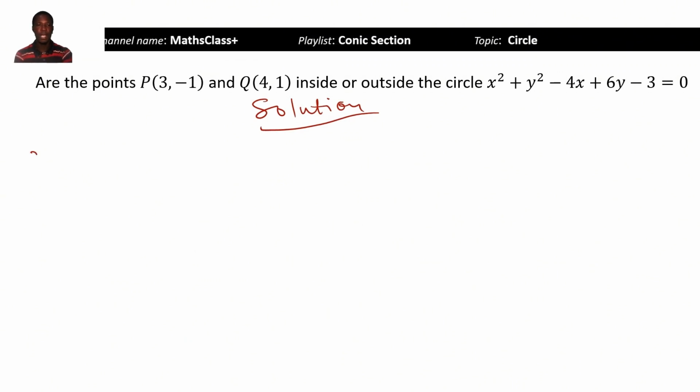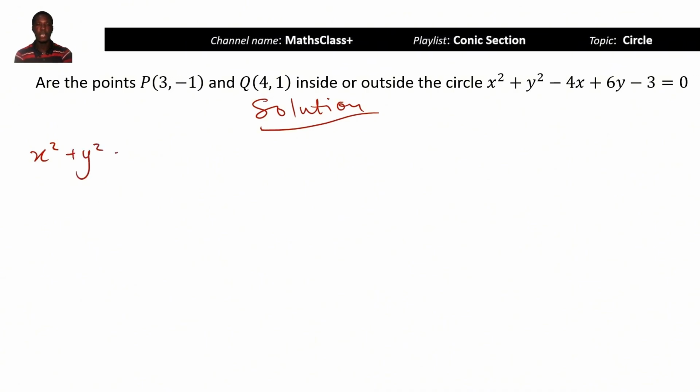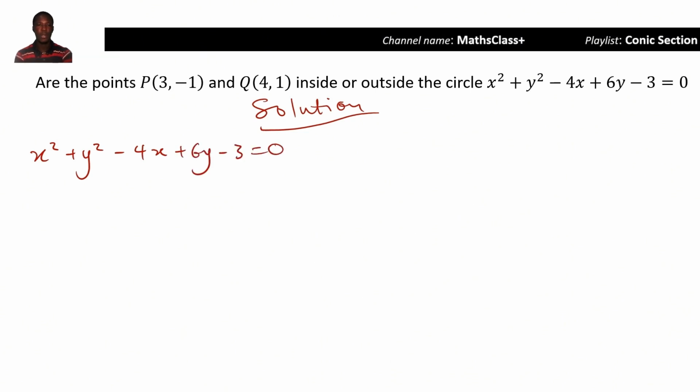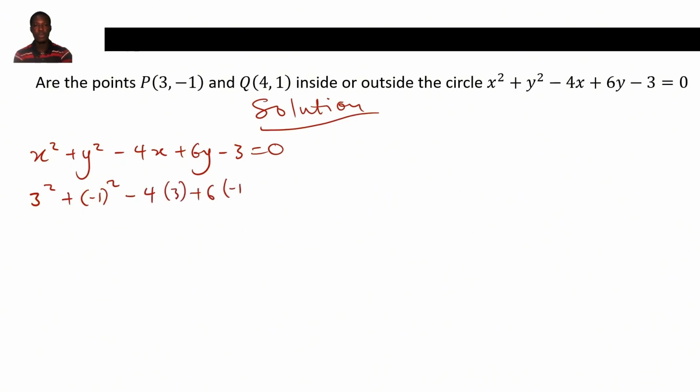So we have x squared plus y squared minus 4x plus 6y minus 3 equal to 0. We are substituting the point P. So 3 squared plus (-1) squared minus 4 times 3 plus 6 times (-1) minus 3 is equal to 0. We are going to check.